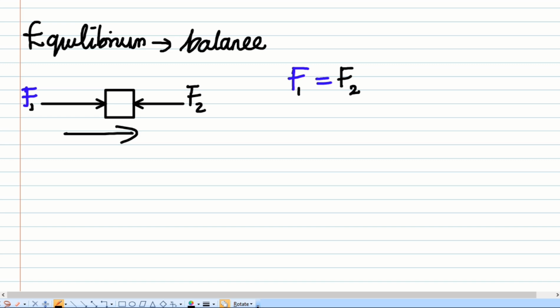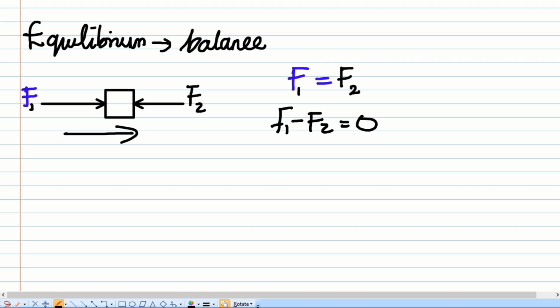From this equation, F1 minus F2 is equal to 0. If you sum all of them, it's going to be equal to 0. That's why it's almost as though there is no force acting on the body, because what F1 is doing, F2 is balancing, keeping the body at rest. So that is what we call equilibrium.